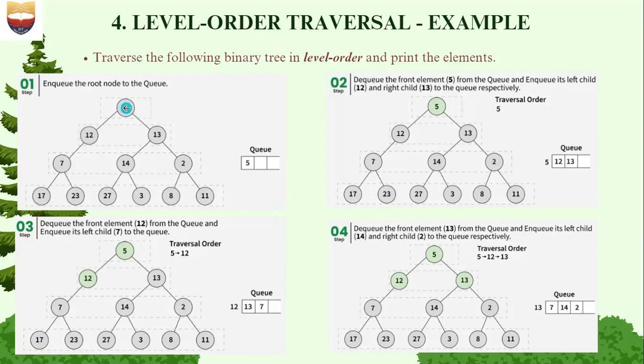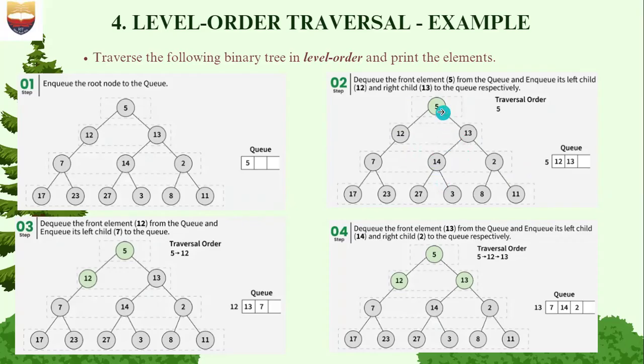Therefore, in step 1, 5 is visited. That is, it has been enqueued into the queue data structure. Come to the next step. After visiting level 0, that is the root node, next we have to go to level 1. And in level 1, we have two nodes, 12 and 13. On level 2, we have three nodes. We have to complete each and every level in this tree, right?